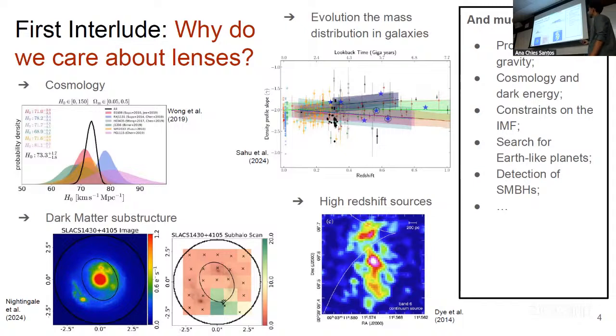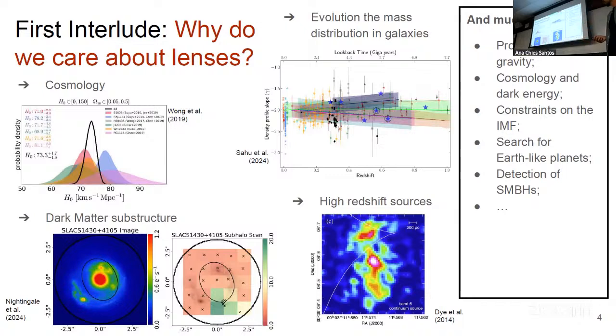We can also use gravitational lenses to probe dark matter substructure within galaxies, because the way we observe the deflected source will change if you have some substructure in the lens plane. Because of the magnification effect, which I'll not be talking about in detail, gravitational lenses magnify the surface light profile of the source.